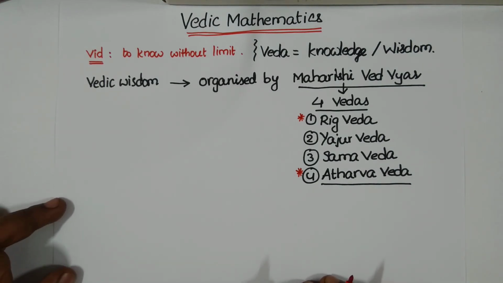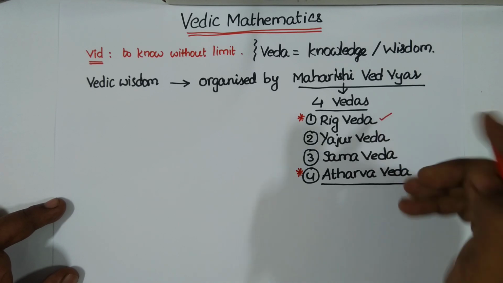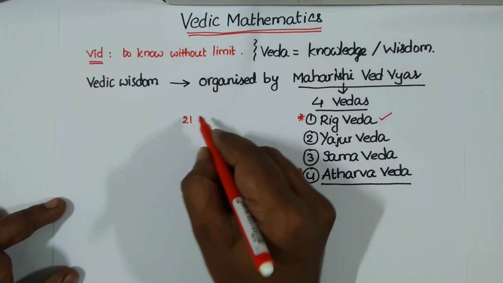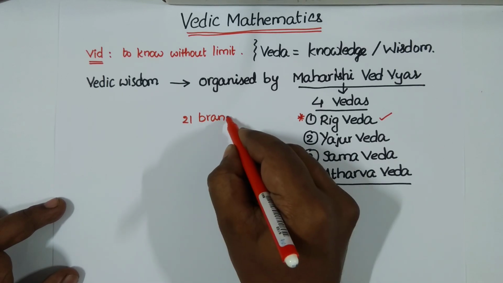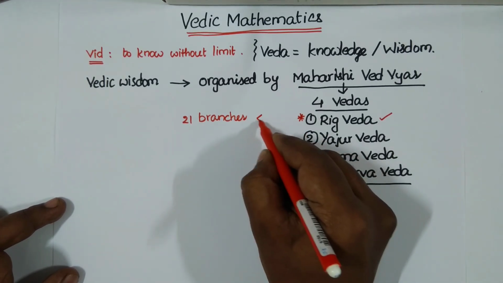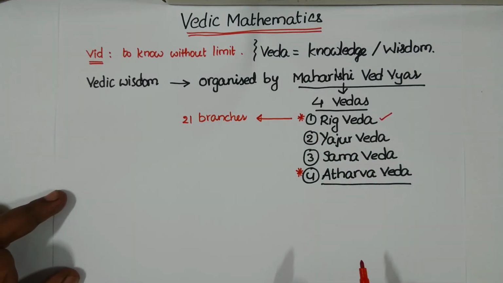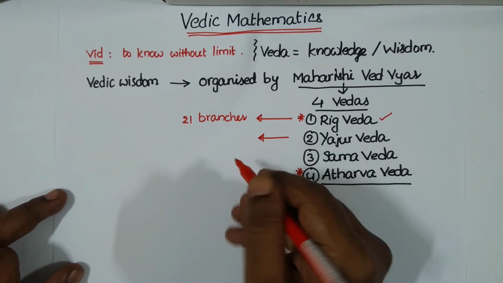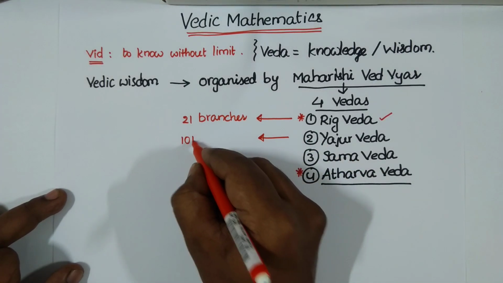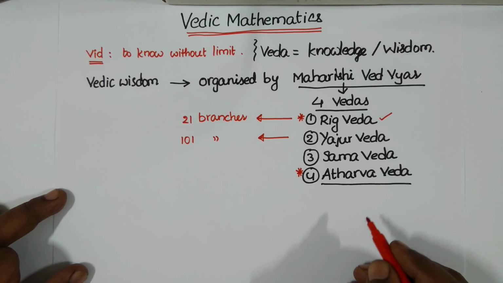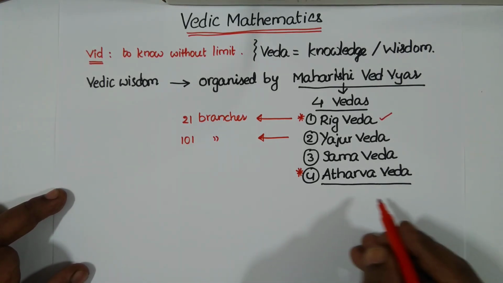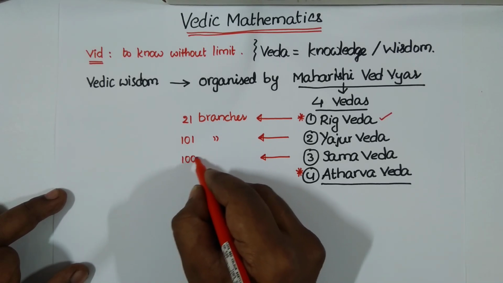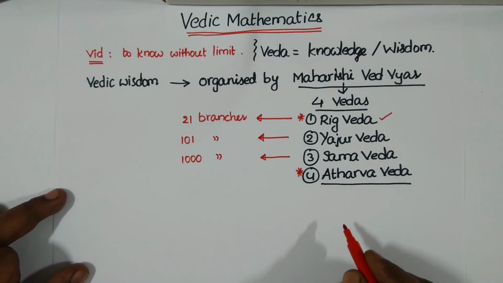Now, the knowledge of Rig Veda admitted 21 branches. The knowledge of Yajur Veda admitted 101 branches. Similarly, the knowledge of Sama Veda admitted 1000 branches.